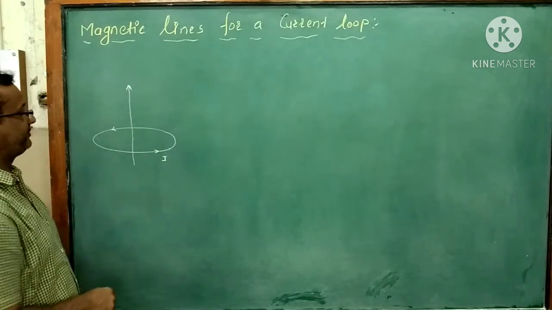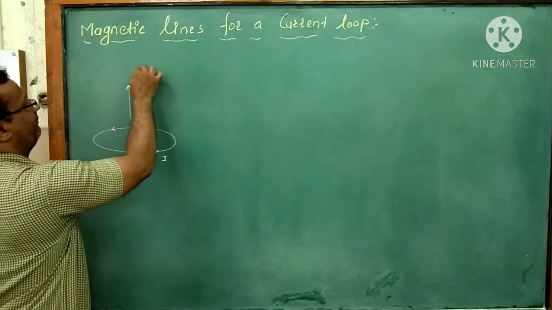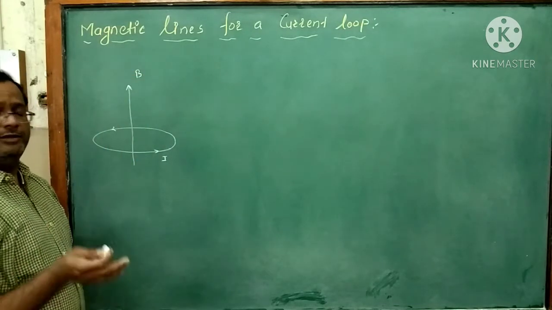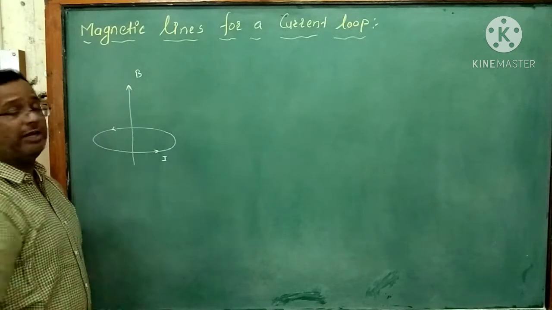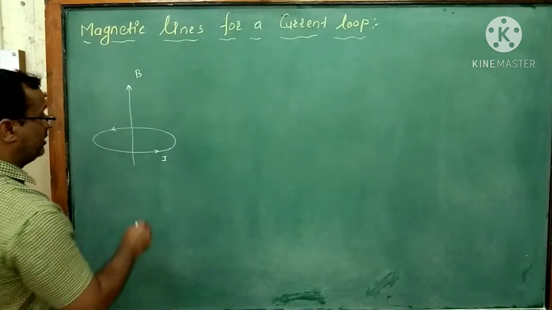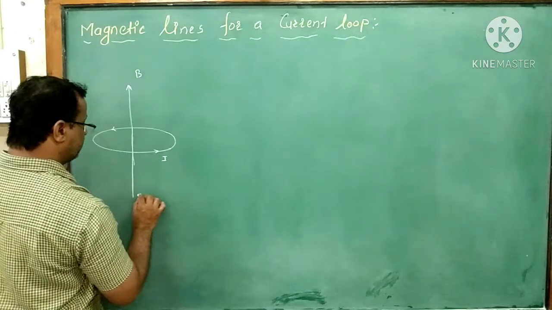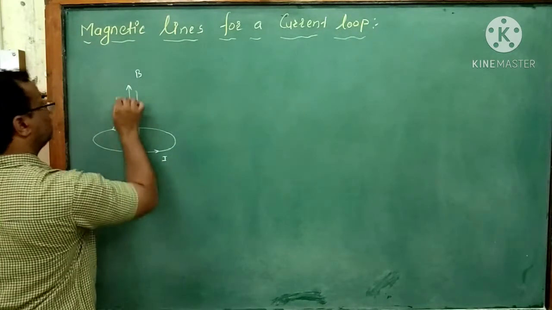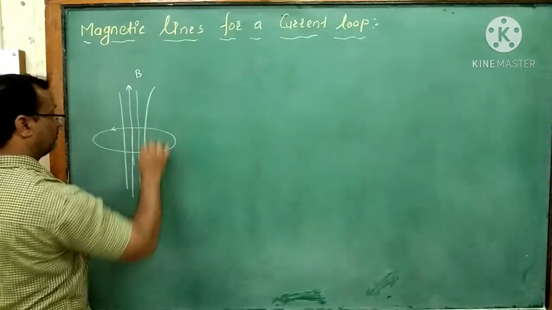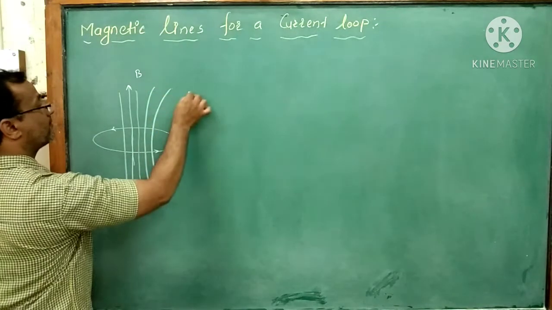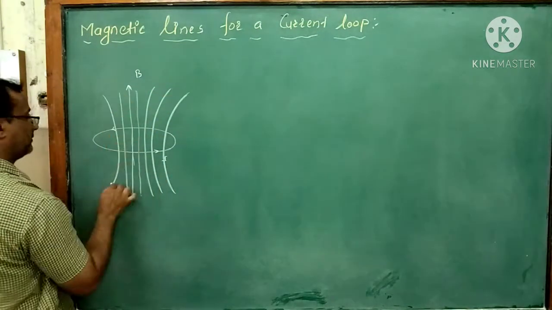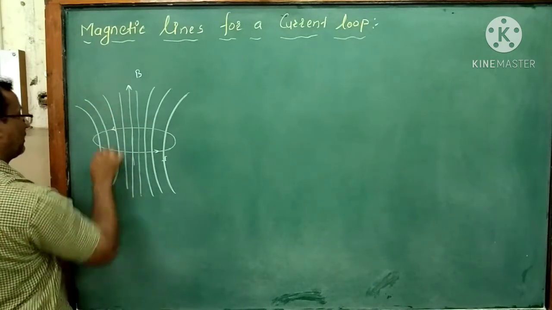Now this will be the direction of the magnetic field, but this magnetic field produces magnetic lines of force, and the direction of those magnetic lines of force is just like this.